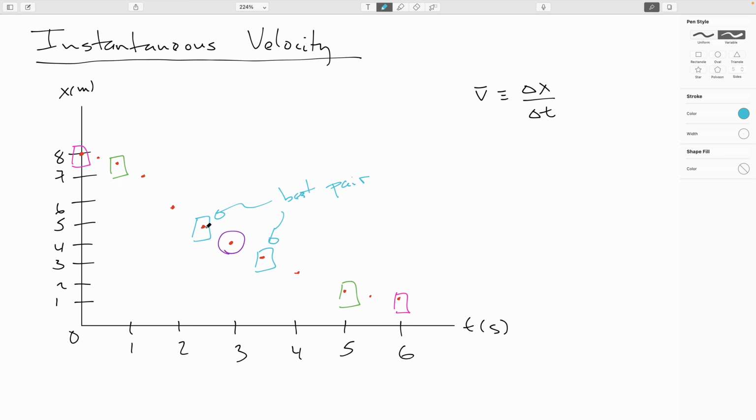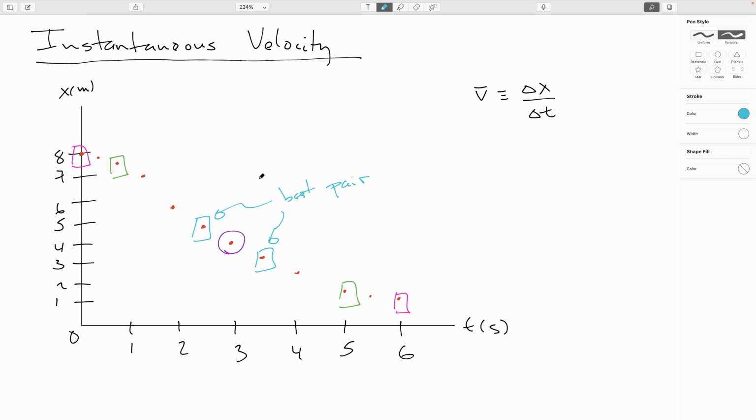Whereas in this period right here, we traveled 2 meters in 1 second. So if we use this time interval here, it is going to give me a shade over 1 meter per second to the left. And this is going to give me more like 2 meters per second to the left. So that's a pretty big difference.